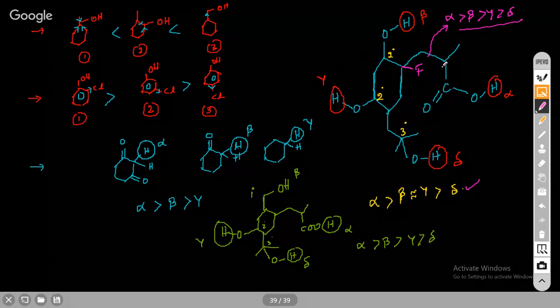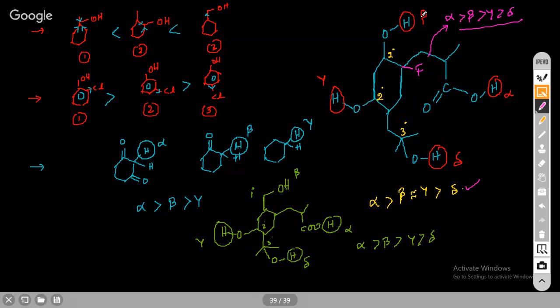ACBD, right? If you add CH3 here, because of the plus I nature of CH3, this hydrogen will be less acidic than this hydrogen. Then we have alpha, gamma, beta, and delta, right? So like this, they can change the question. Again, if you add this fluorine here, that won't change the answer. The answer will be this only, because the effect of fluorine at this position on this hydrogen will be the same, right?